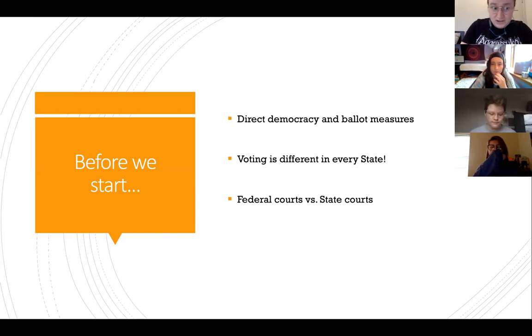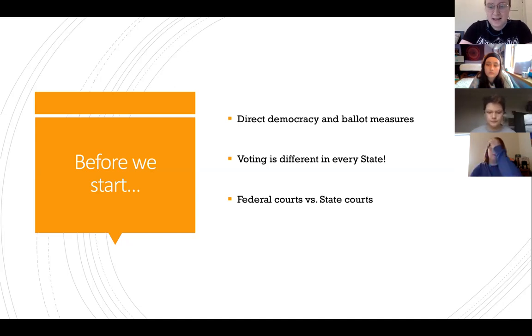Another important thing for our discussion is that voting is different in every state. Some states do implement those direct democracy ballot measures, others do not. Some states also run elections for judges, others do not. Pennsylvania is one, so if you voted in Pennsylvania, you've probably voted on a judge.